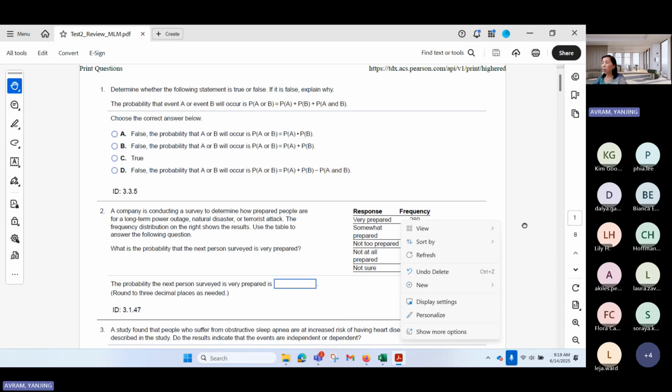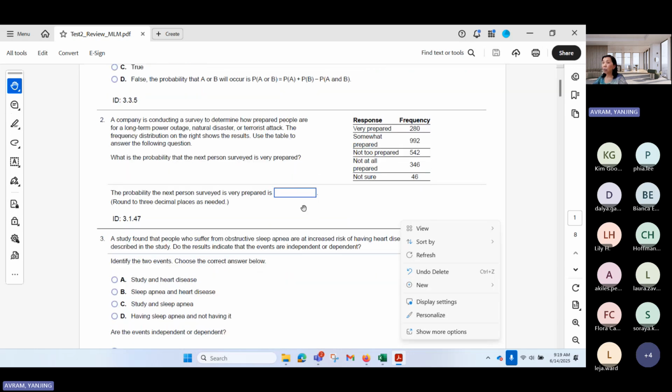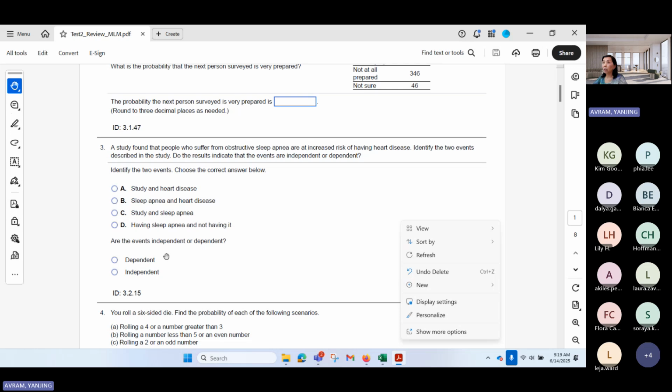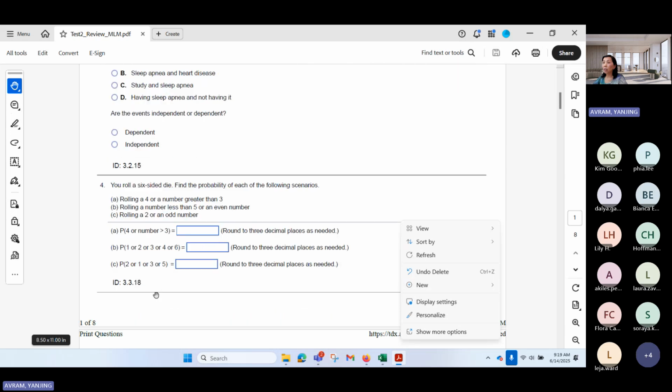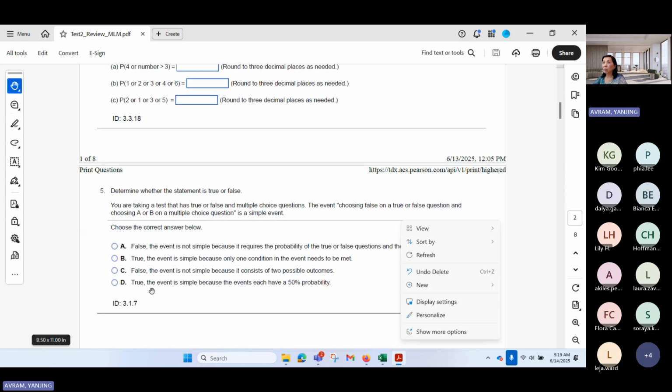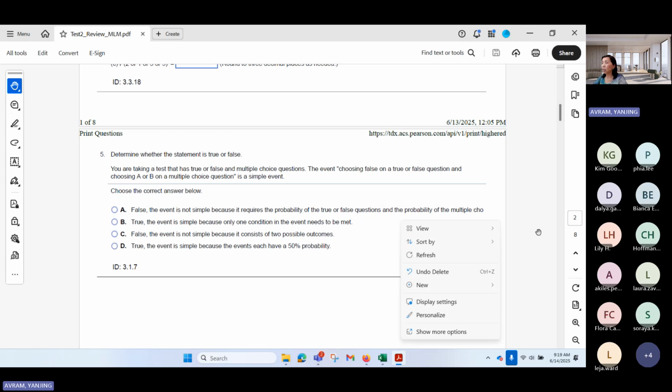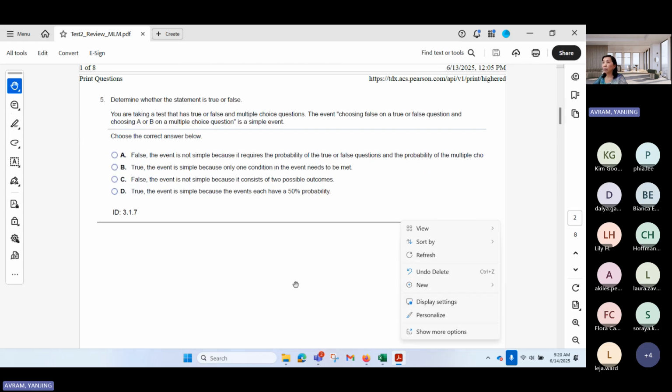I will also go through some of the concepts, because the most important thing for this class is I want to show you how to use the calculator. Some videos in the textbook explain the concept but did not use the calculator, which simplifies a lot.